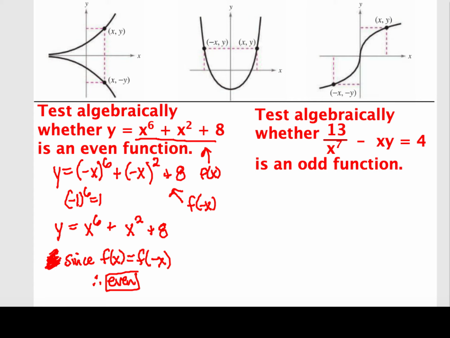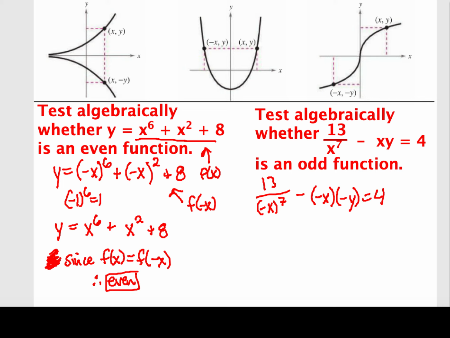We'd want to do the same thing over here at the right. Again, if we want to prove that it's an odd function, our test for that was plug in negative with the x and with the y. We want to reflect both over the x-axis and the y-axis. So this time I'm going to say 13 over negative x to the 7th minus negative x times negative y is equal to 4.